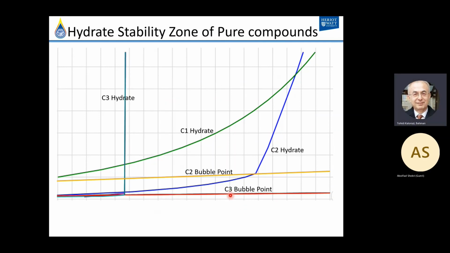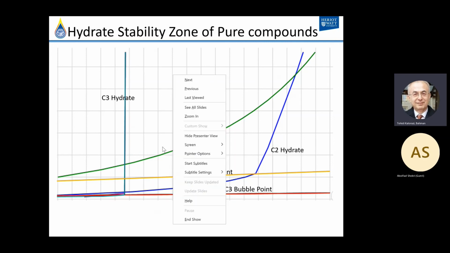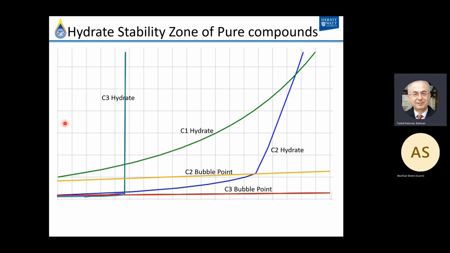This is the bubble point of C3, and this is the hydrate phase boundary of C3. We don't have this for methane because the vapor pressure curve for methane is far down in temperature. We know that the critical point of methane is below 0, so we won't see it here. Methane is a supercritical compound here.